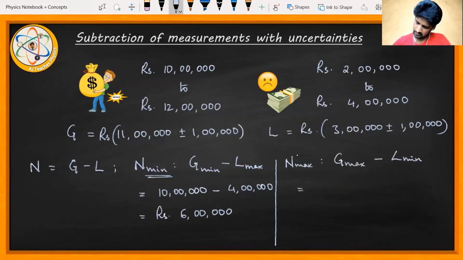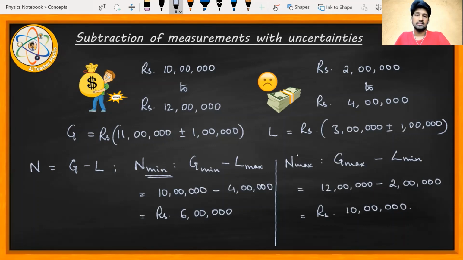That would be 12 lakh minus 2 lakh. That is rupees 10 lakh. So the maximum amount that you can win if your ticket is chosen is rupees 10 lakh.